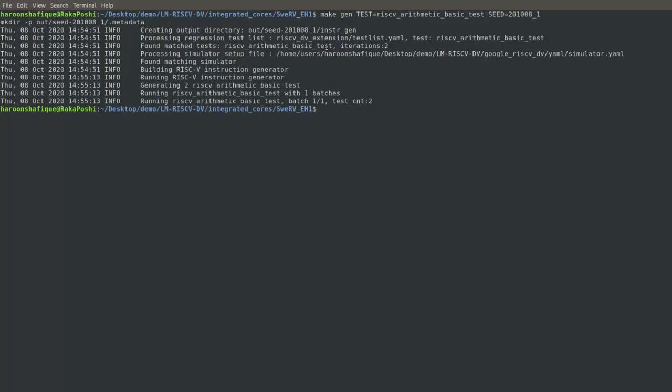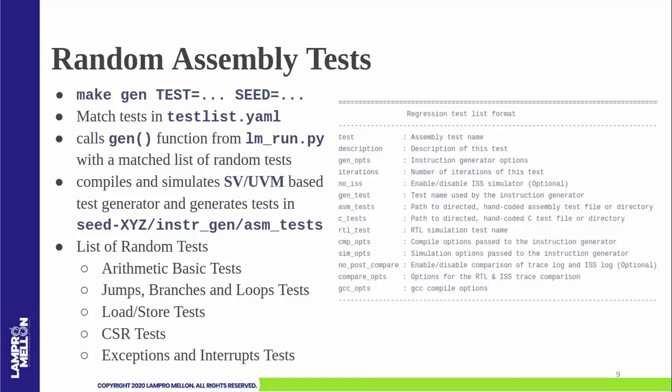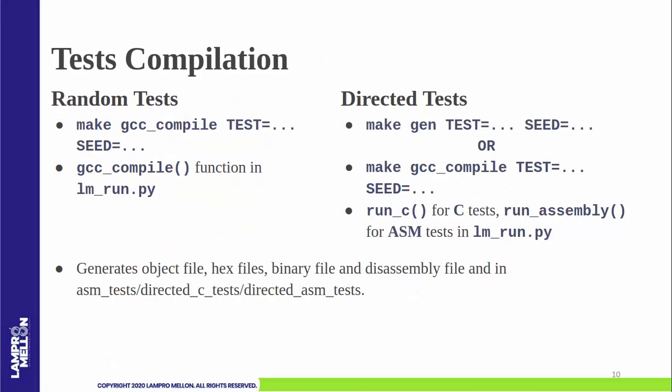It compiles the Google DV SV UVM base source and then generates tests on simulation. Major tests generated and run on the SweRV core for now include arithmetic basics, load stores, CSRs, jumps, branches and loops, exceptions and interrupts tests.